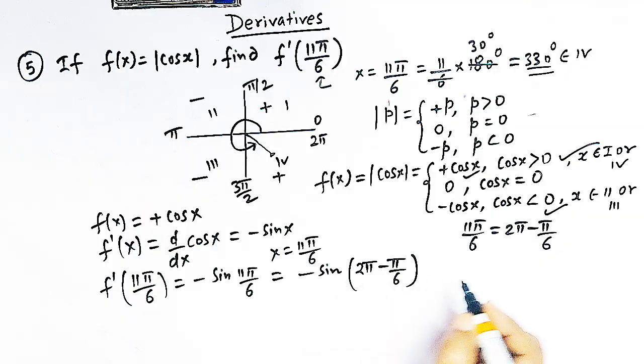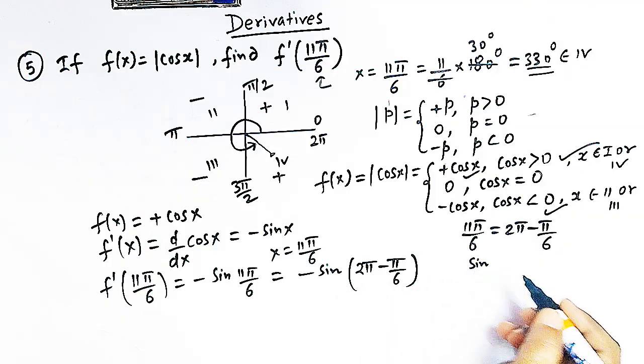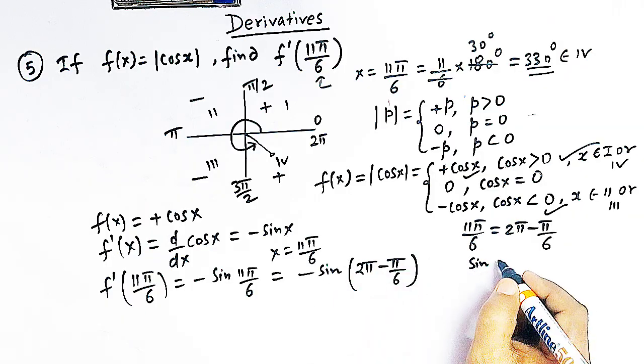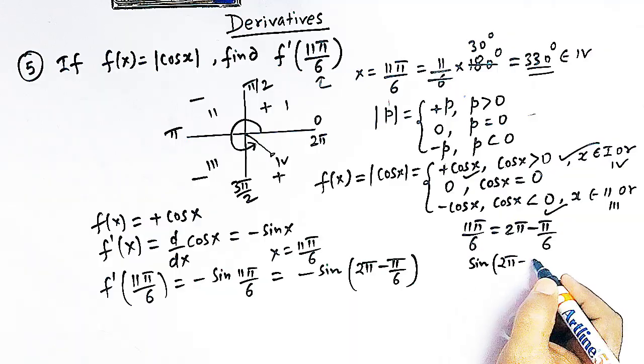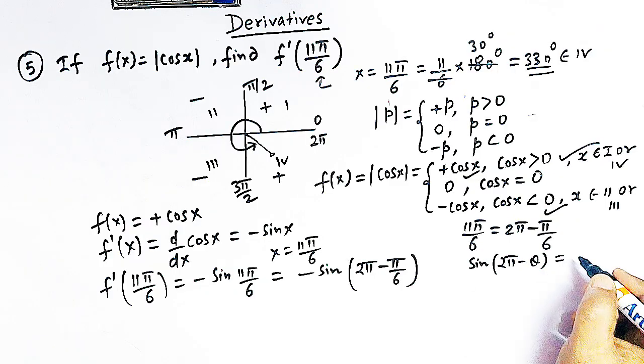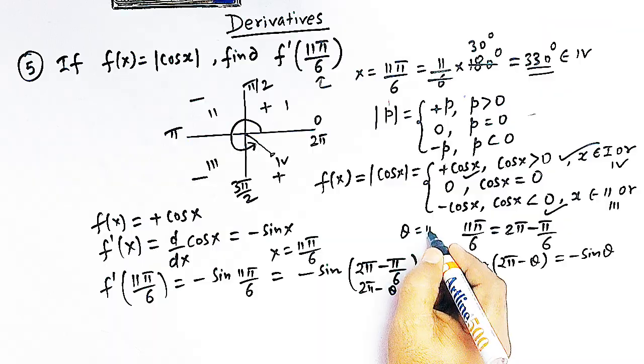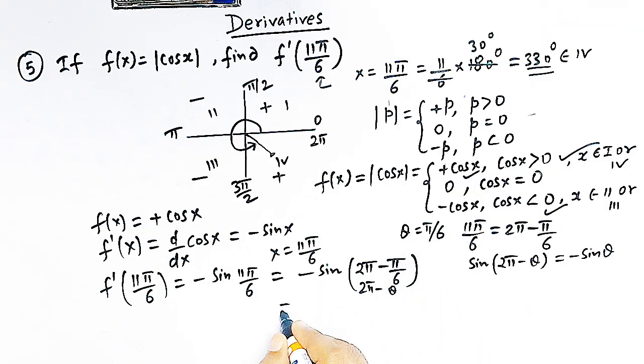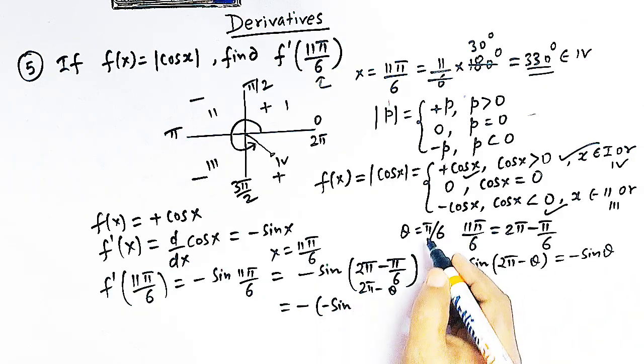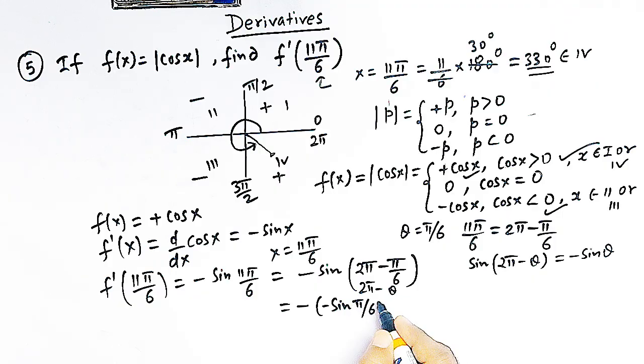So now here we can use an important identity from trigonometry, that is sine of 2 pi minus theta is equal to negative of sine theta. So here we have 2 pi minus theta, and theta is pi over 6. So we have minus, and sine of 2 pi minus theta is negative of sine theta, that is theta is pi over 6.